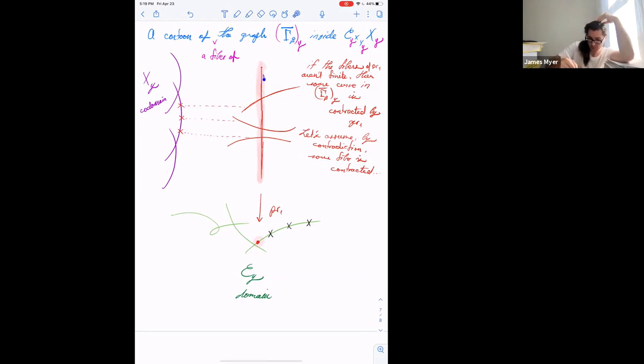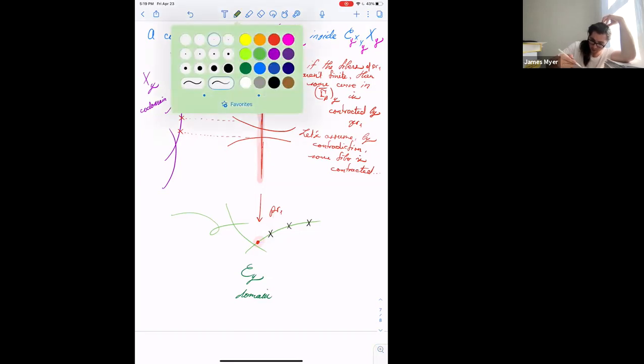This is a picture where the vertical component gets sent to a point that is not in the set of markings for this component. Now, if it gets sent outside of the markings, then the picture is like what I drew before, right?